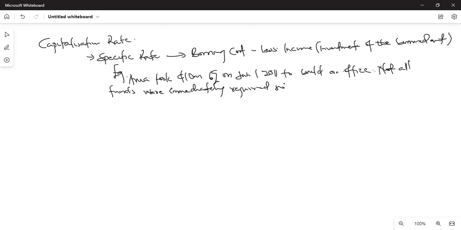And so she invested say 2 million in bonds, deriving 3%. These bonds are 3%. So say 30th June 2011.